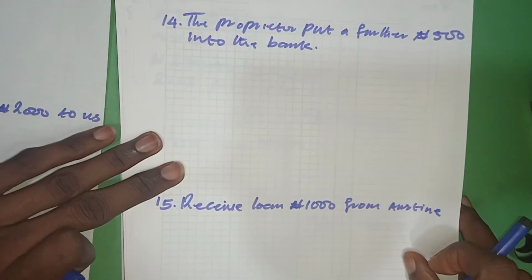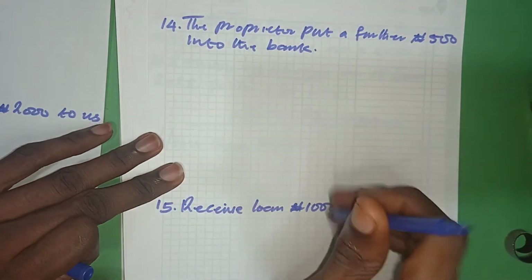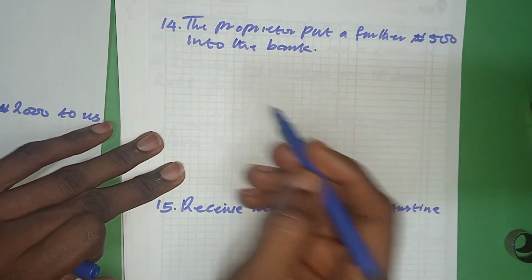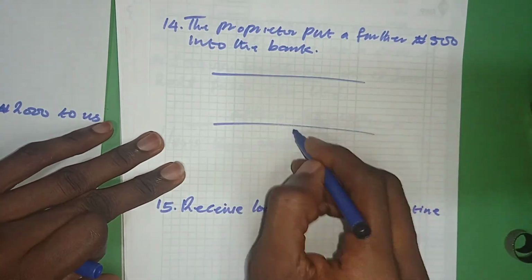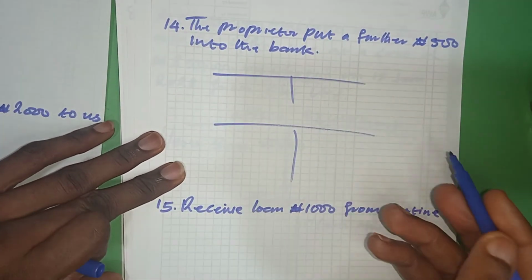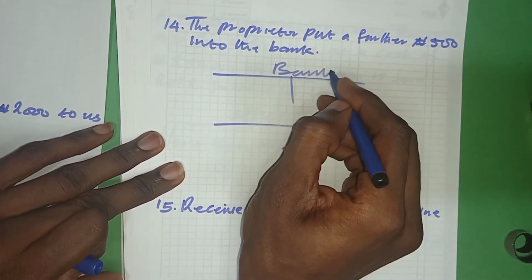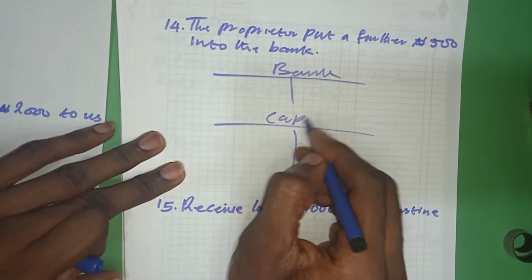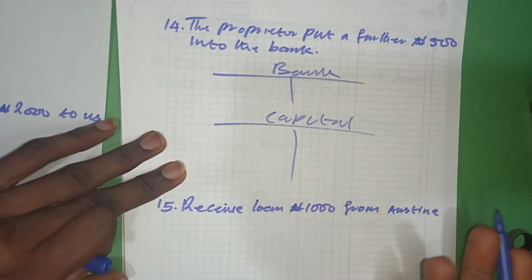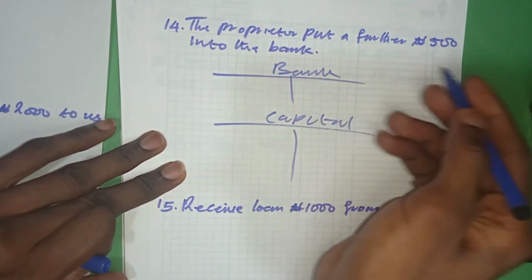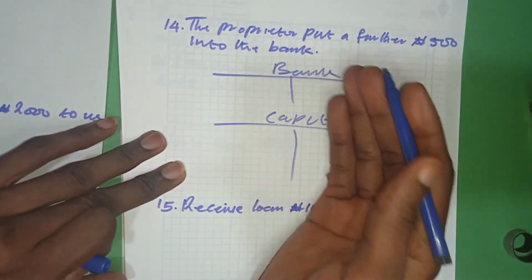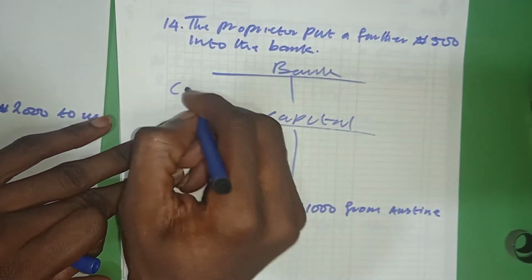Now, the proprietor put a further 500 naira into the bank. The proprietor now is investing again. You have bank and capital because I am reinvesting. I am putting money into the business again. The cash in the bank is increasing.